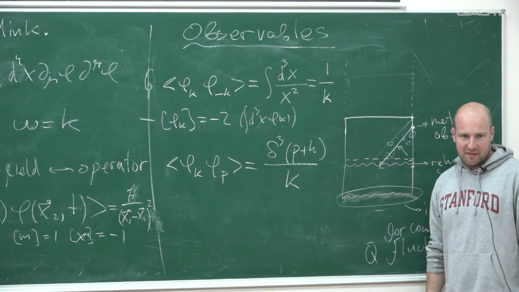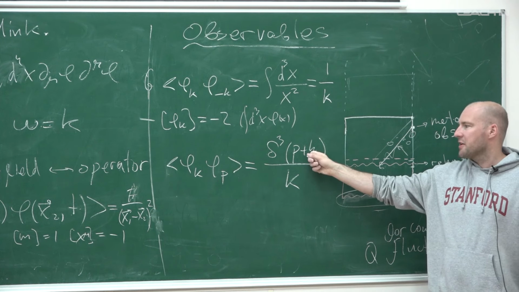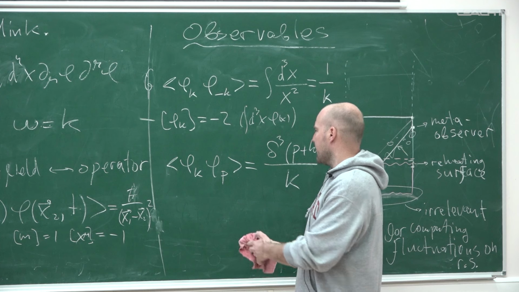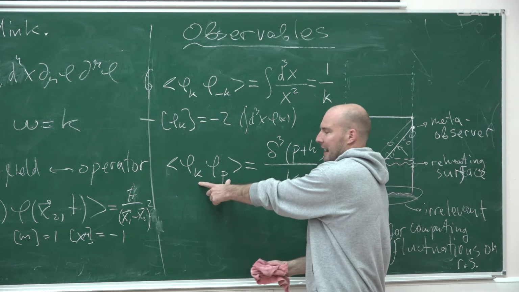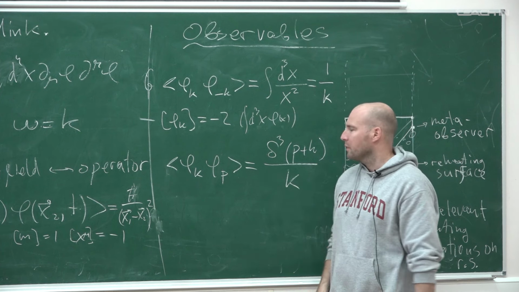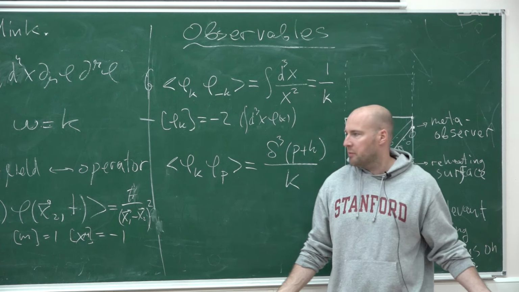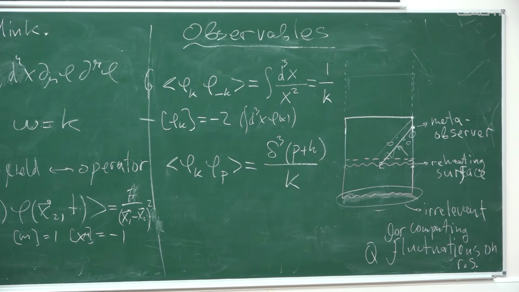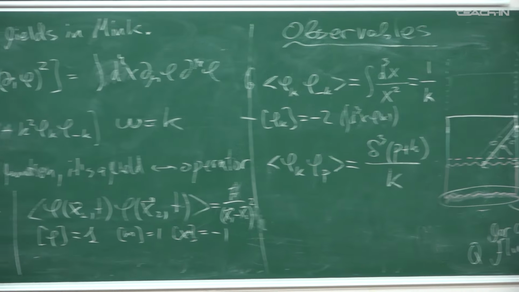Okay, so now that makes sense. That has dimension minus 3, right? And then the only thing that can have non-zero expectation value is when k and p, when momenta are conserved, okay? The reason is clear, because it's the same thing as for the harmonic oscillator. Expectation value of x is 0, of course, in the ground state.